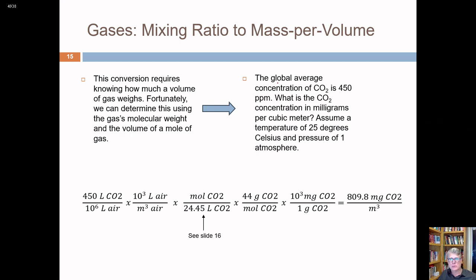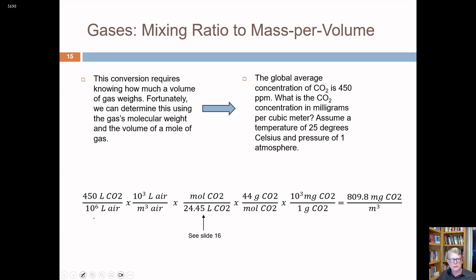The global average concentration of carbon dioxide is 450 ppm. What is that CO2 concentration in milligrams per cubic meter? Assume a temperature of 25 degrees Celsius and pressure of 1 atmosphere. Okay. We might ask why, but we'll check this out.